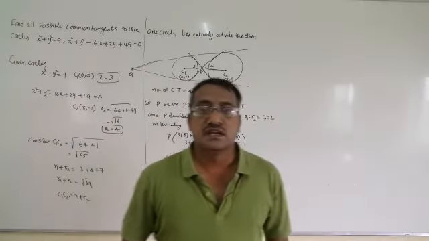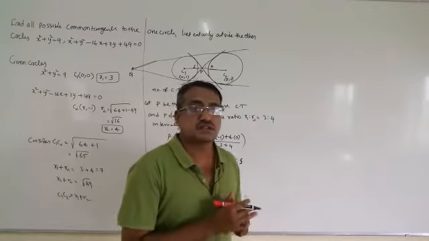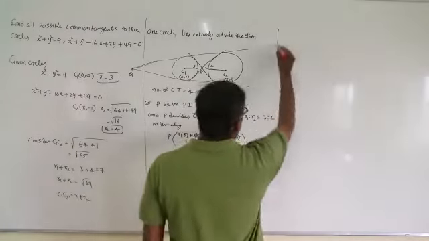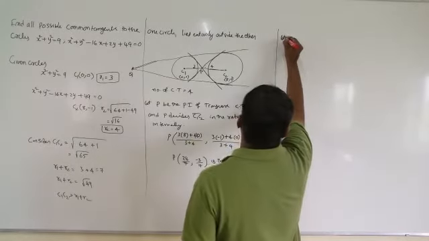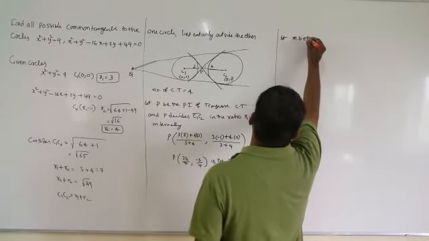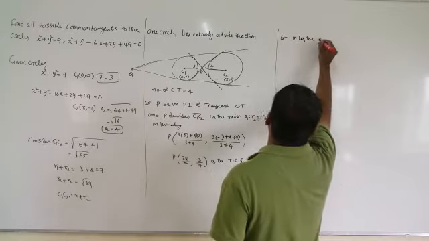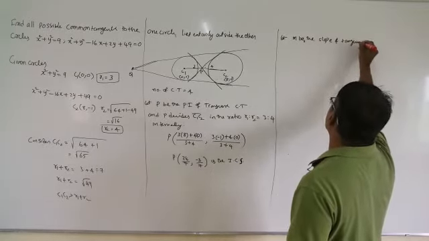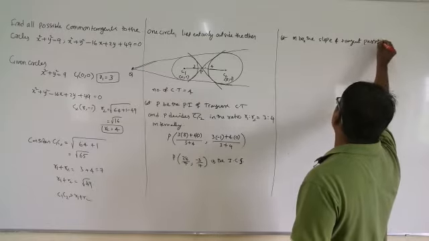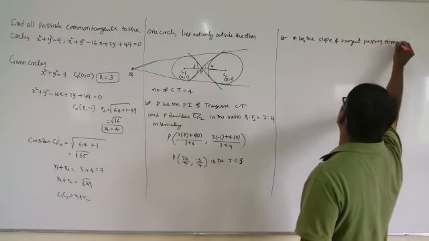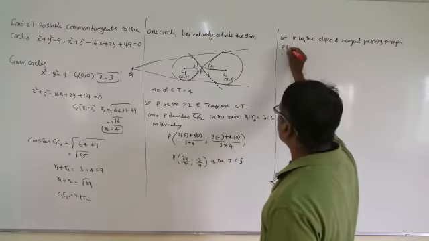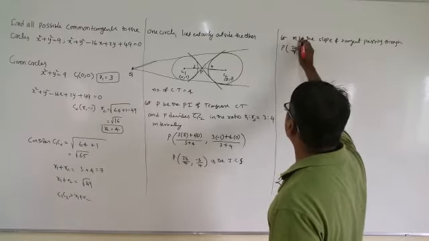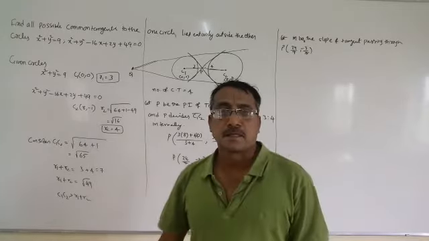Now you have to find the transverse common tangents which are passing through this point. So let m be the slope of the tangent passing through P (24/7, minus 3/7).